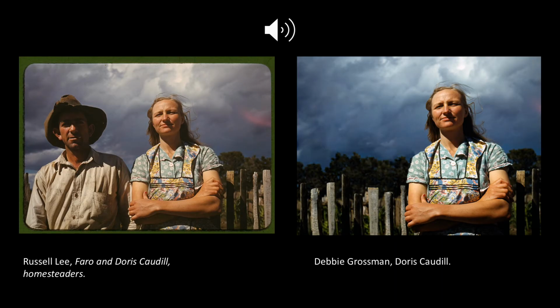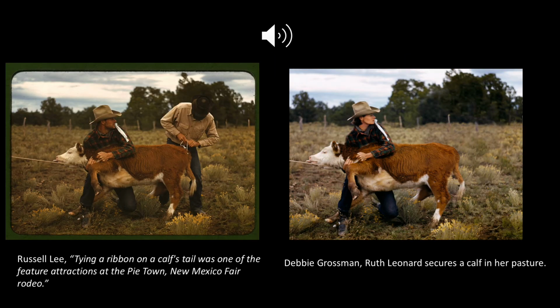Okay, so in this photographic intervention, we see that Grossman has removed the figure of the male body from Lee's original photograph, and then with some maneuvering has recreated the fence and the background that he stood in. This is one of my favorite ones.